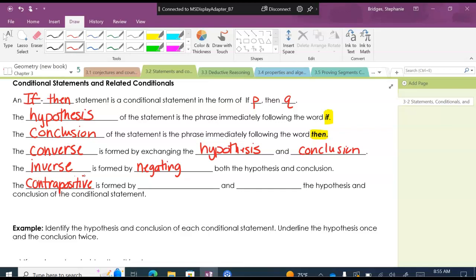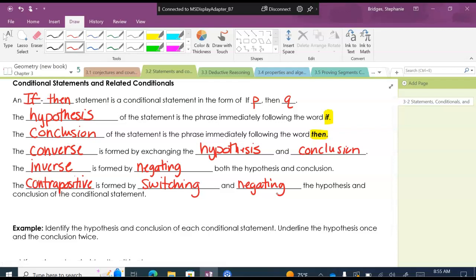Contra and then positive together. Okay, and this contrapositive is formed by switching or exchanging, like we said earlier, where we took them and reversed them, and also negating the hypothesis and the conclusion.